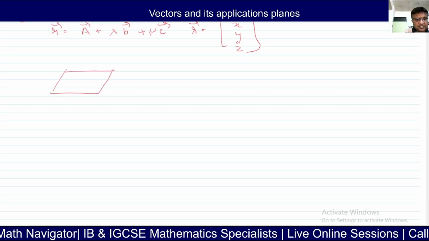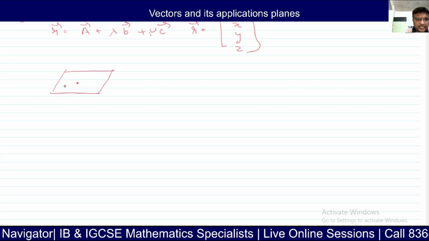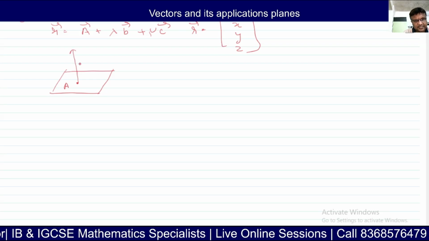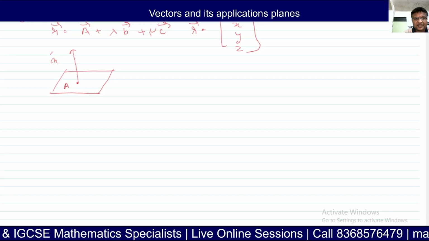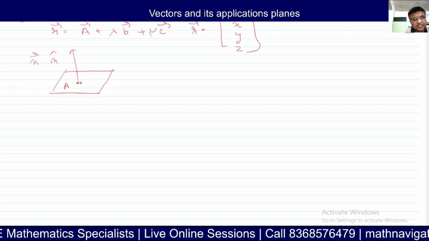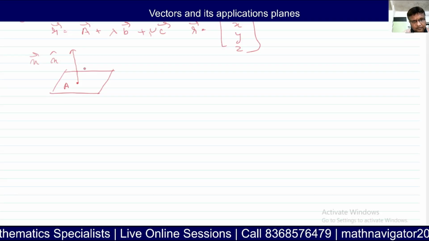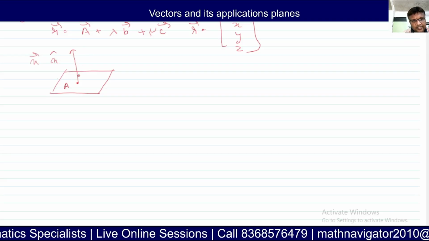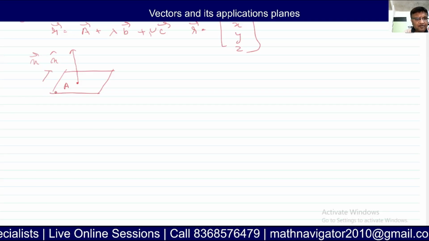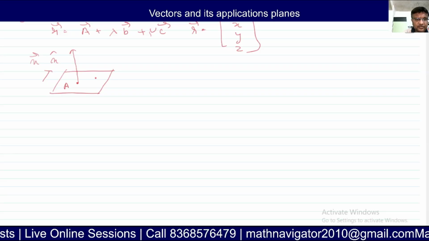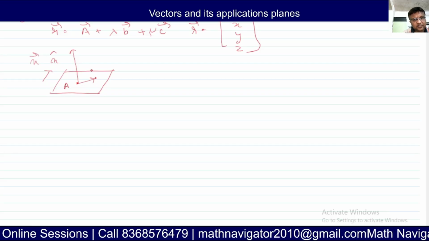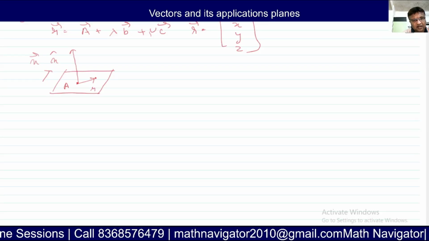See, let's say there is any point A on this plane. And this is the direction vector of the plane. You can write it n cap or n, that doesn't make any difference. So I'll call it the direction vector only. And I have a point. I want to find a general point on this plane, which is R, right?